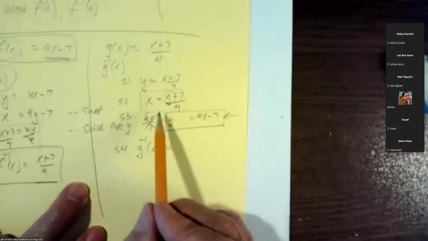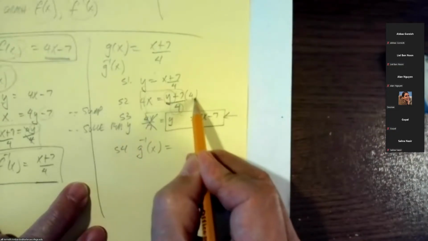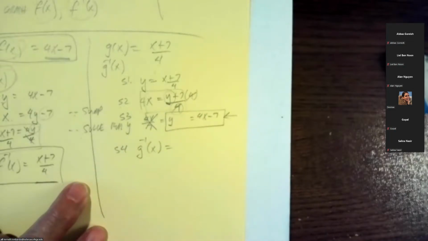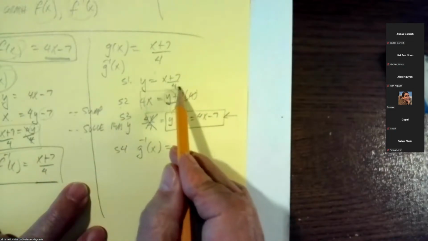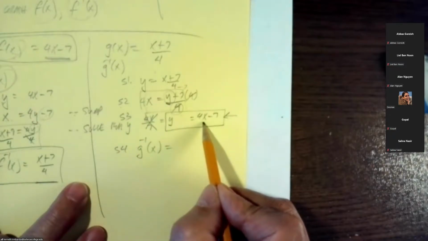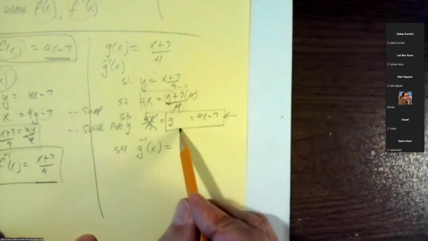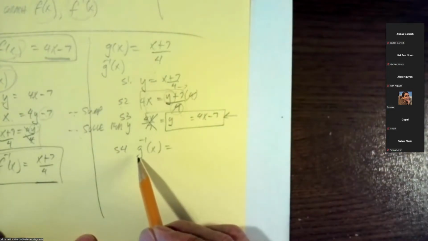So we multiply each side by 4, the 4's cancel. And then we subtract 7 from each side. We get 4x minus 7 equals y. Okay, so we want to make sure we know how to go through those steps. Yeah, I forgot the sign and tried to divide it.